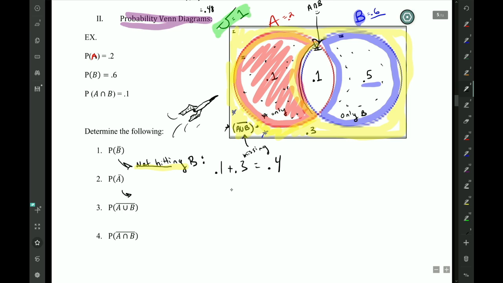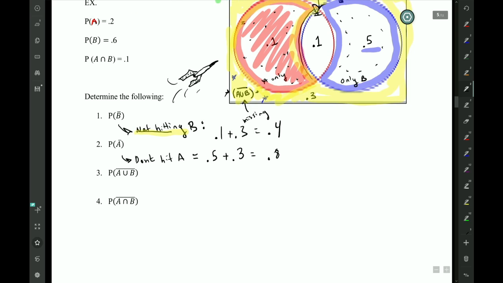Similarly, if I don't want to hit A, that means I can hit any piece of B or miss the board entirely, and I can do so with a 0.8 probability. The probability of not hitting the union means not hitting A or B, which is everything in the circles, or in the middle.